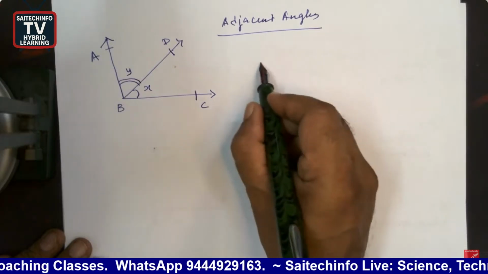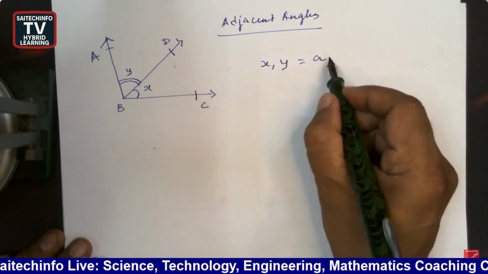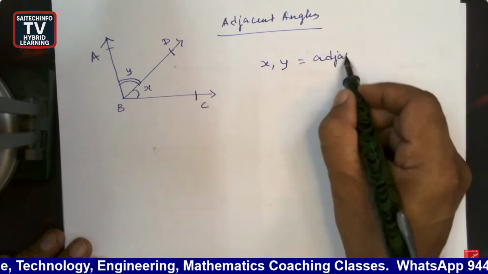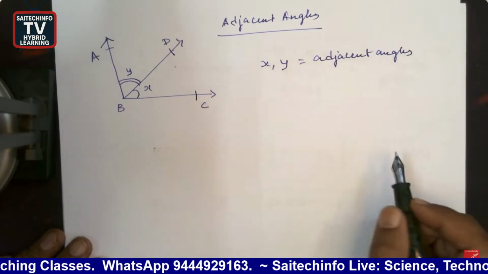So these X and Y are called adjacent angles. Do you understand? Adjacent angles.